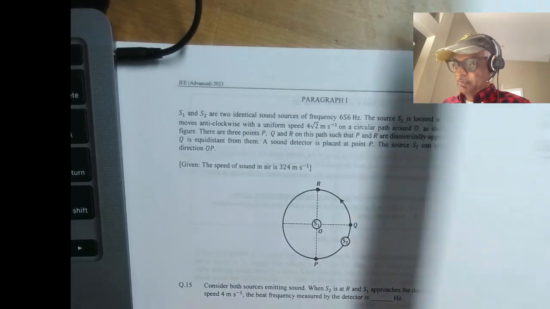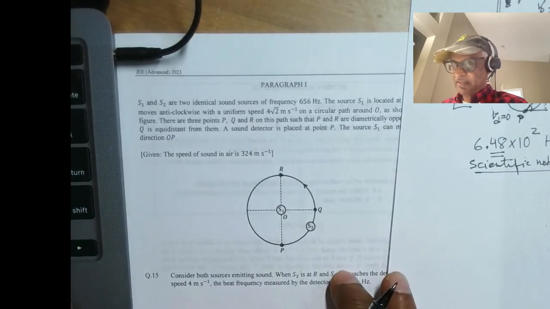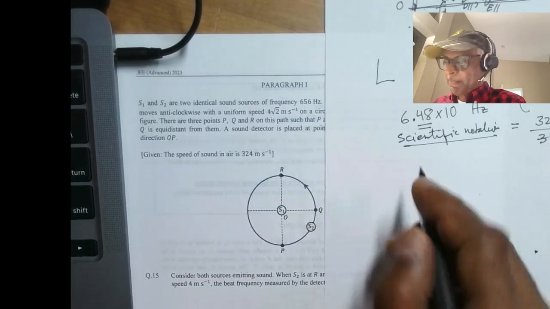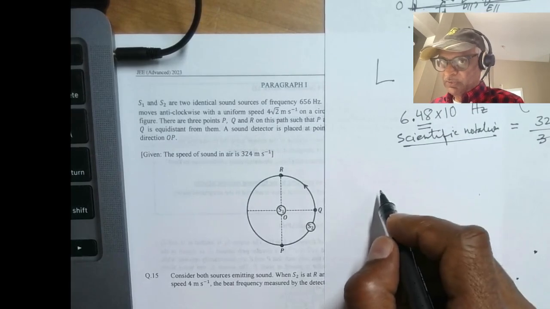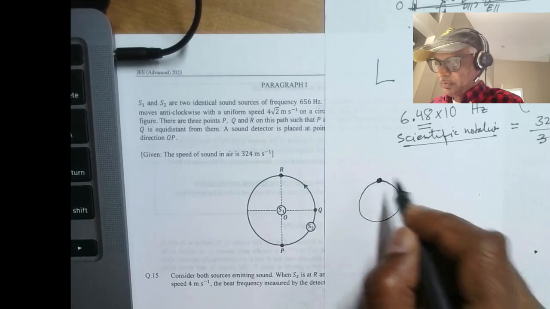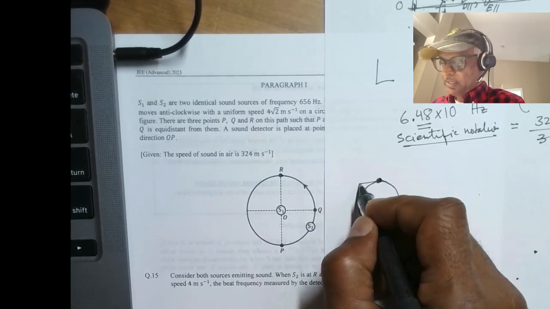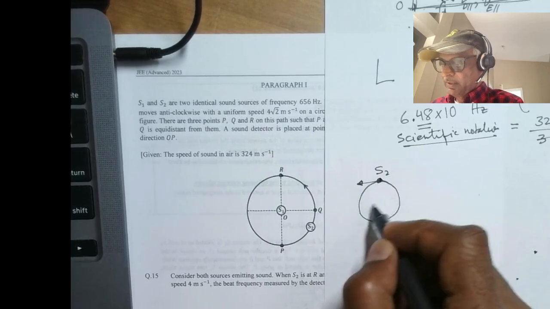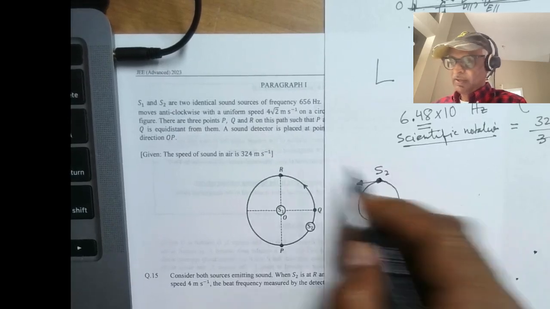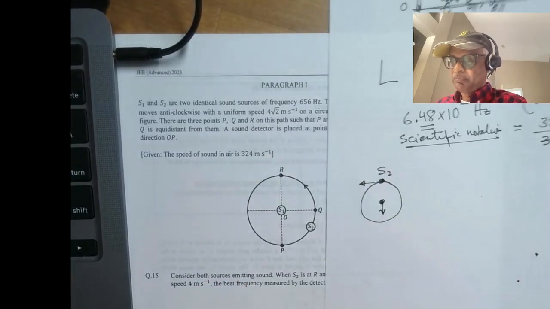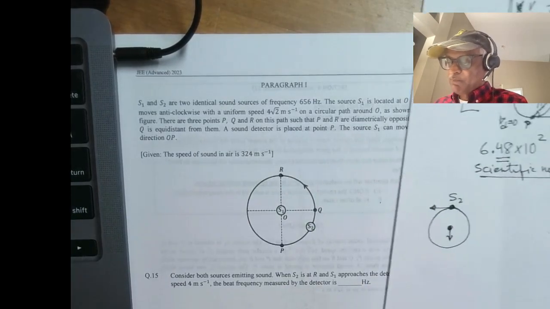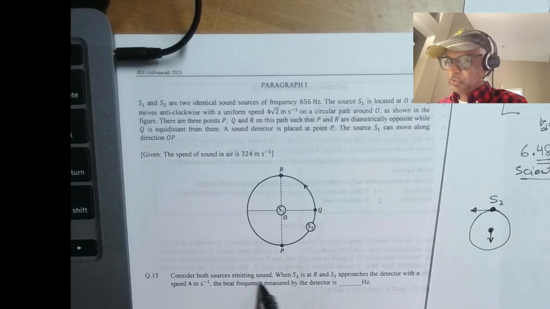So if we look at what we got here, if I redraw it over here, S2 is over here going this way, and S1 is over here going this way, according to this description of the problem. If you read the problem, okay, and then consider both sources meeting.